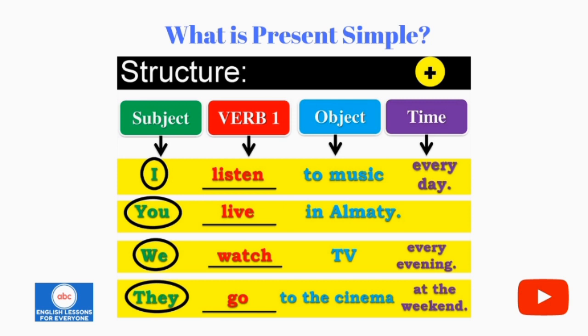In the first example, you see: I listen to music every day. The second example: you live in Almaty. Next example: we watch TV every evening. The last example: they go to the cinema at the weekend.